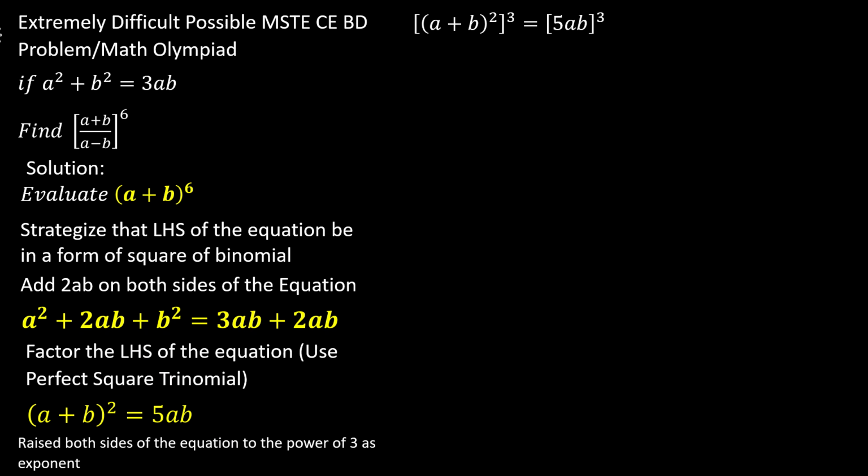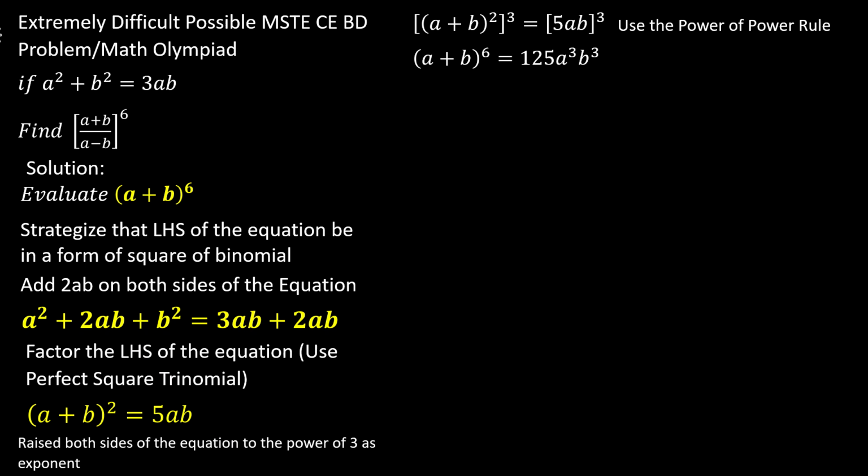And then afterward, what's next? We must apply and utilize the power of power rule under the laws of positive integer exponents so that we can simplify our given equation like this.